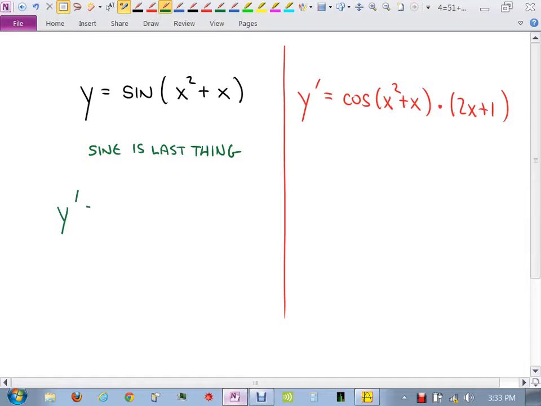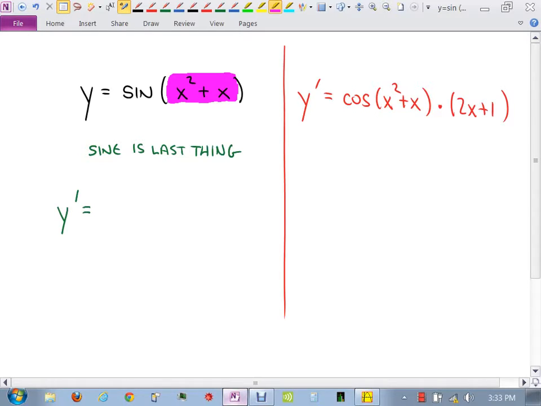So watch how I write this. y prime equals... I don't know how to do this other than to get up on the board, but sine's the last thing, right? So I would like for you to just squint your eyes, if you can, and tell me what is the derivative of, forget the purple, everything purple. What's the derivative of sine of x? Cosine x.